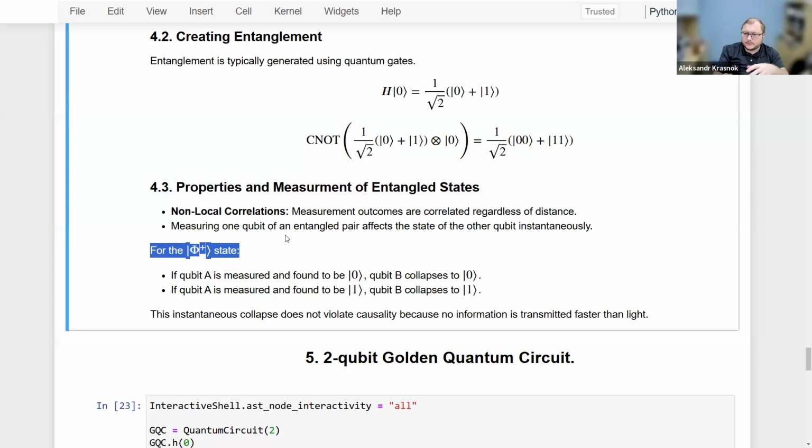So we don't affect one of the states. We just select one of the possible states existing there simultaneously by measuring other qubits sent to the moon.